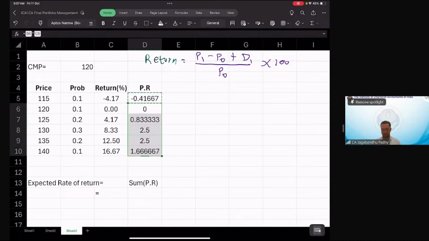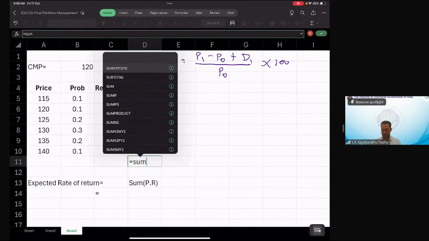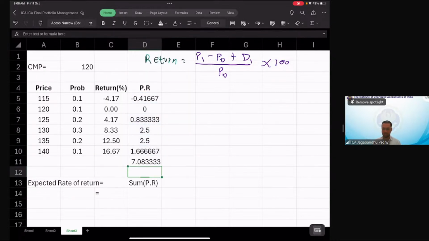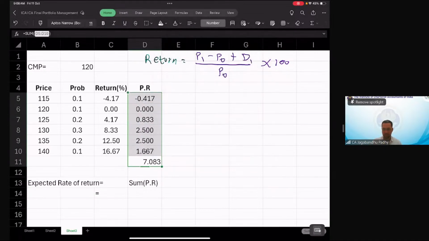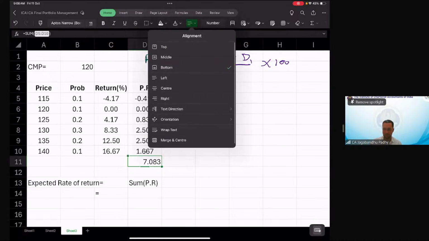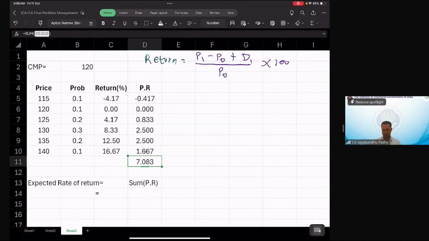And then we take a sum of it, which is 7.0833. So the rate of return that we expect from this security is 7.083%, or let me keep it up to 2 decimals only. 7.08% is the expected rate of return from this security.